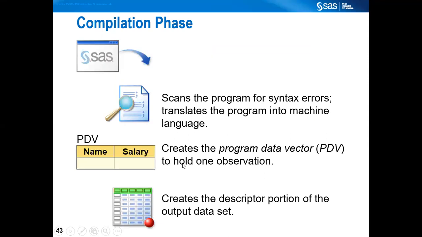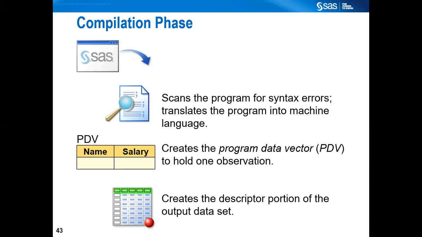Then it creates an area in memory termed PDV, the program data vector, where for each column from your input data it holds the observations while processing, and it creates a descriptor portion of the new data set. So this is the compilation phase where the descriptor portion is created.